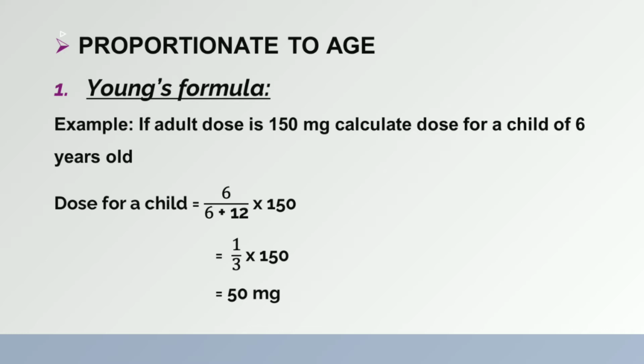According to the formula, age in years upon age in years plus 12 into adult dose, we substitute the values: 6 upon 6 plus 12 into 150, that is 6 upon 18 into 150, that is 1 upon 3 into 150. So we will get 50 mg. So according to Young's formula, if adult dose is 150 mg, then child dose is 50 mg.